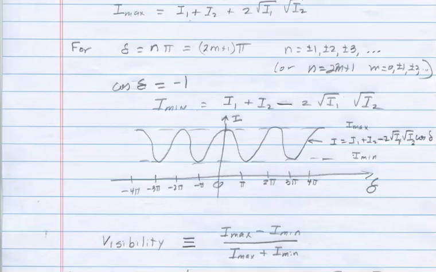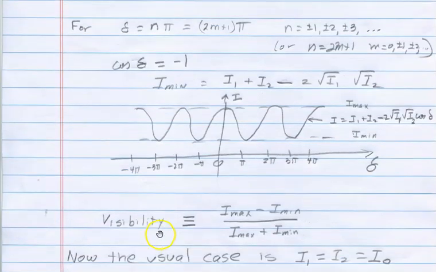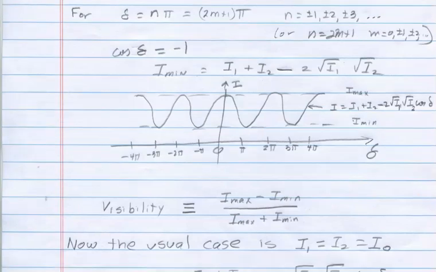But people define a term called the visibility. The visibility, in this case, of the bright and the dim portions. You actually see it visibly. The light gets dimmer at particular deltas. And the visibility is defined as Imax minus Imin over their sum.